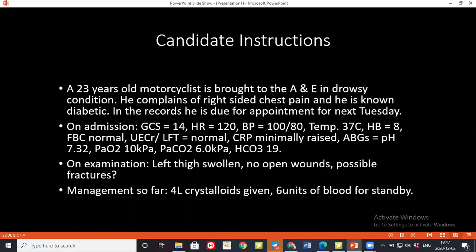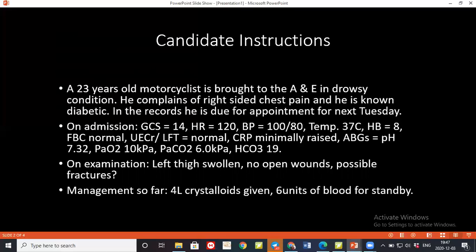But I would like to summarize before. Yes, sure. We have discussed that we have a 23-year-old male with a history of RTA who has been brought to our emergency. On examination, he has a blood pressure of 80, heart rate of 120, GCS 14, and his blood has revealed metabolic acidosis, and hemoglobin is only 8.